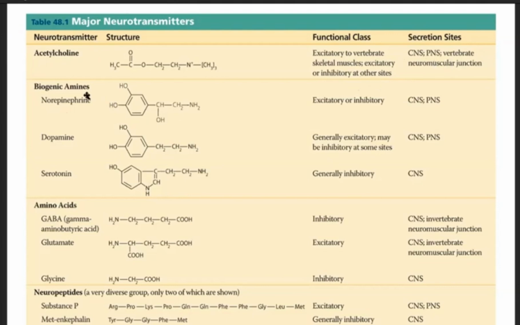Biogenic amines, you probably are familiar with most of these guys. Norepinephrine, or what we call noradrenaline, is a hormone that actually acts as a neurotransmitter, which is kind of cool. And remember, this is in the fight or flight response. Dopamine, as you guys know, is going to be your feel-good hormone, in this case acting as a neurotransmitter at the central nervous system typically.